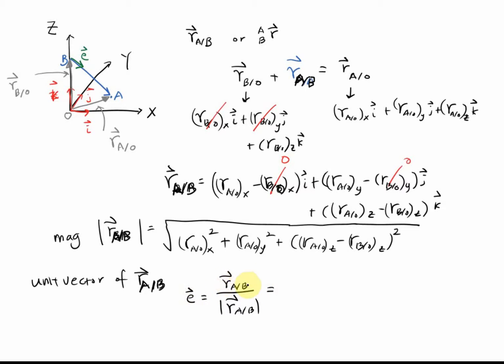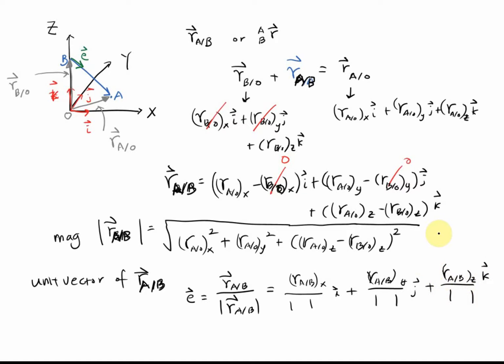However, the RAB itself has three components, for i, j, k. So you can write down x component over the magnitude, i, plus y component divided by the magnitude of your whole vector, j, plus RAB z component k over the magnitude.